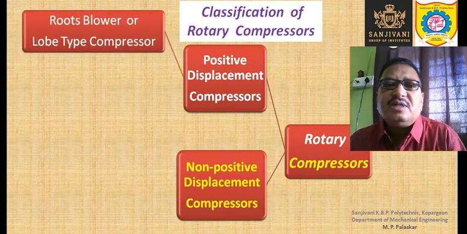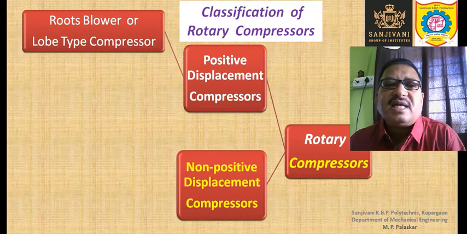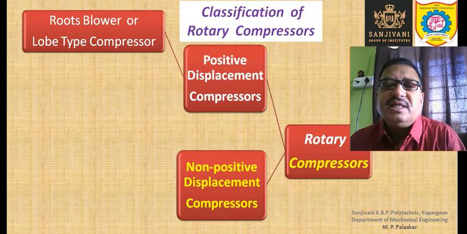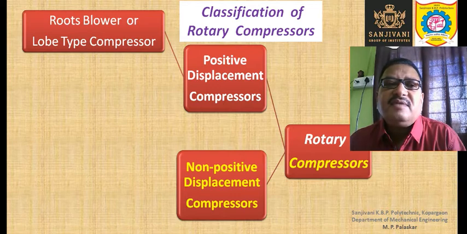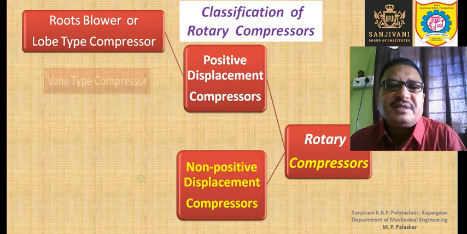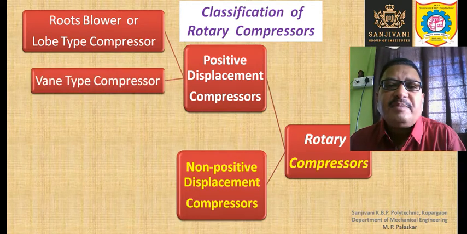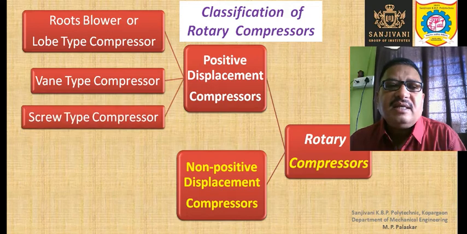The positive displacement type rotary compressors are classified as Roots blower or lobe type compressor. We are going to study these compressors one by one in detail. First is the Roots blower or lobe type compressor, second one is the vane type compressor, and third one is the screw type compressor.